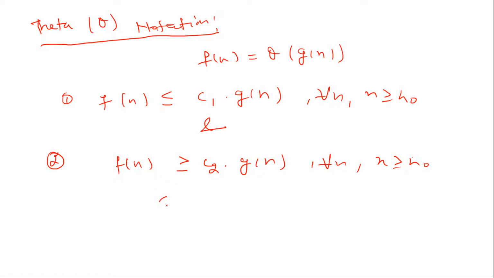So there are three constants: c1 greater than 0, c2 greater than 0, and n naught greater than or equal to 1. So this is the condition for theta notation.